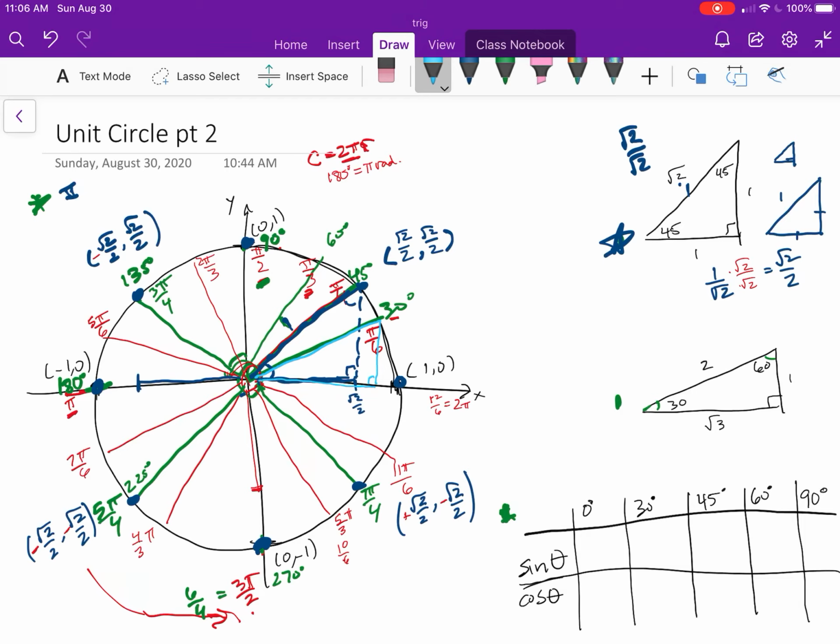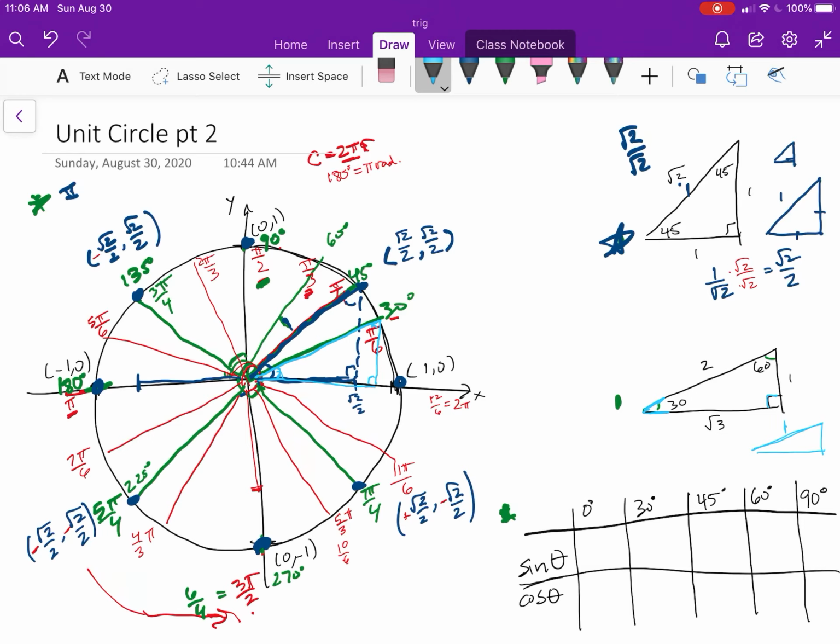And compare that to this over here. Here's my 30. So therefore up here's my 60. And here's my 90. But I need this to be 1. Right? So I'm scaling it down half the size, because I need the radius to be 1 since I'm on the unit circle.